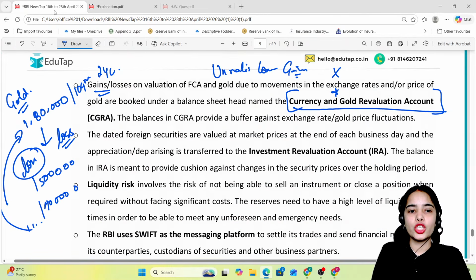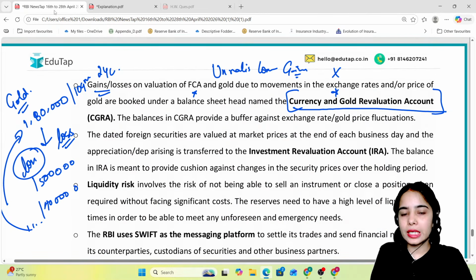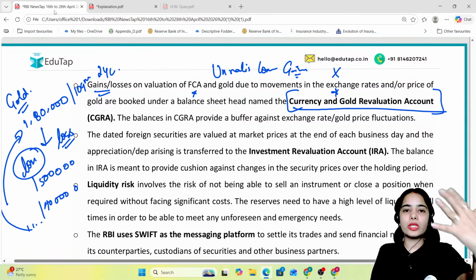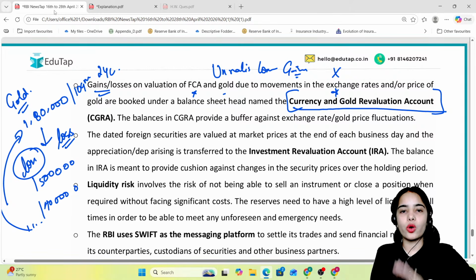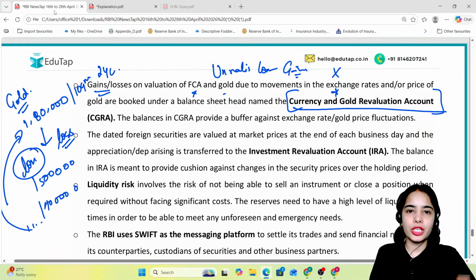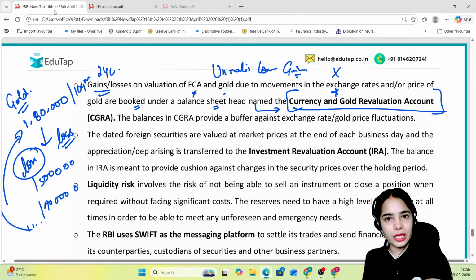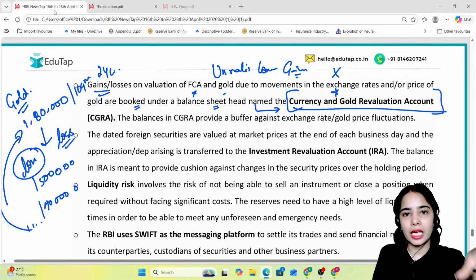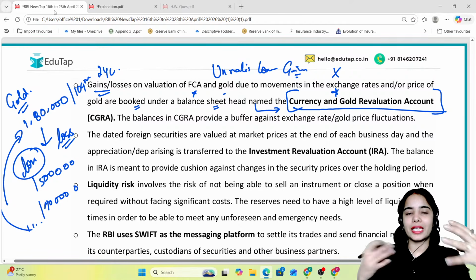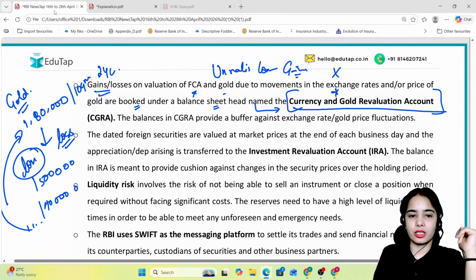That is the idea. Gains or losses on the valuation of foreign currency assets, whether the foreign currency value or the gold value is increasing or decreasing due to movements in the exchange rate or the price of gold, are written under a balance sheet head named currency and gold revaluation accounts. In the balance sheet, they are reported separately, so they do not affect the regular income and the regular balance sheet of the Reserve Bank of India.